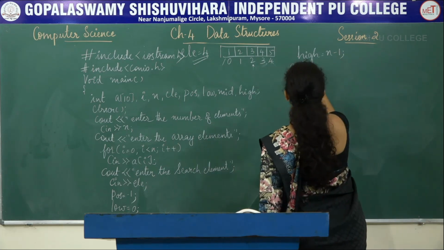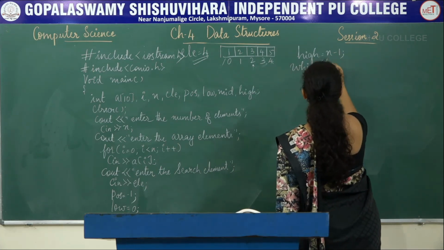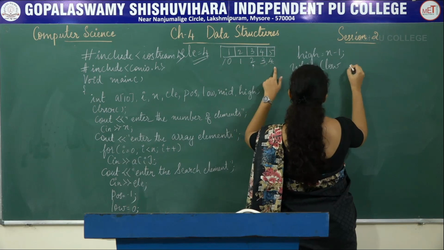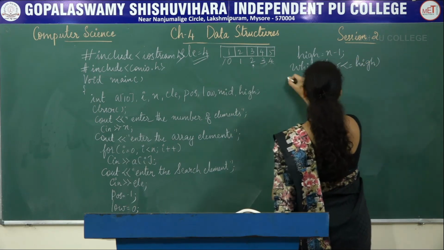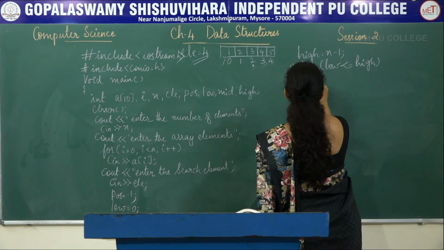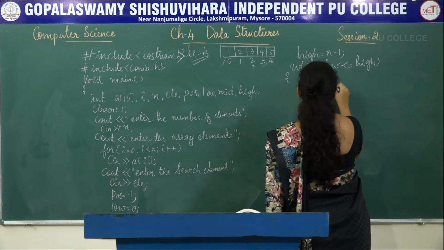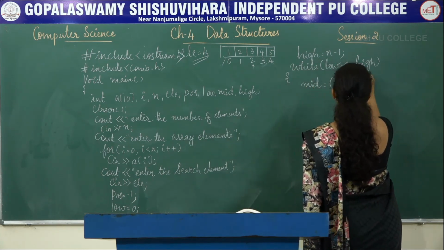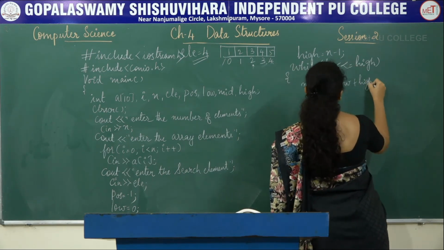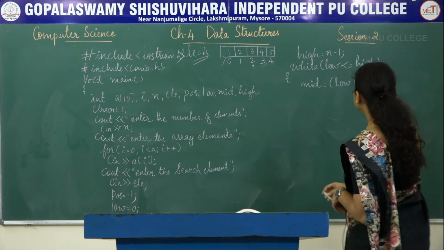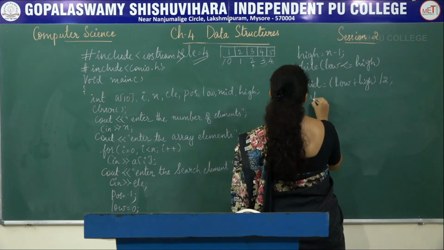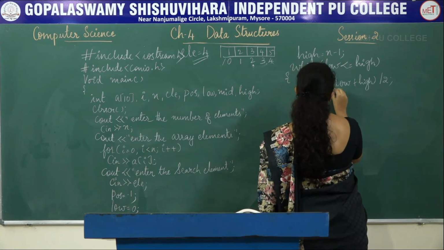While low is less than or equal to high, then what we are going to do? We are going to find the mid element, that is low plus high by 2. Next, we are going to compare the elements.